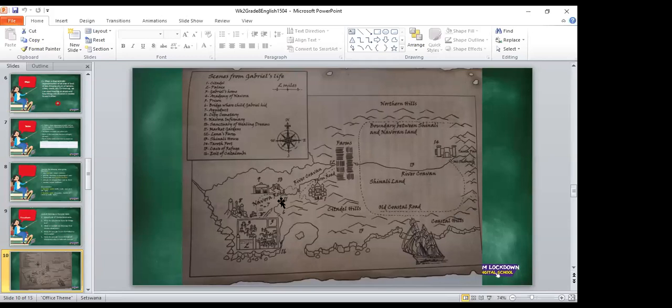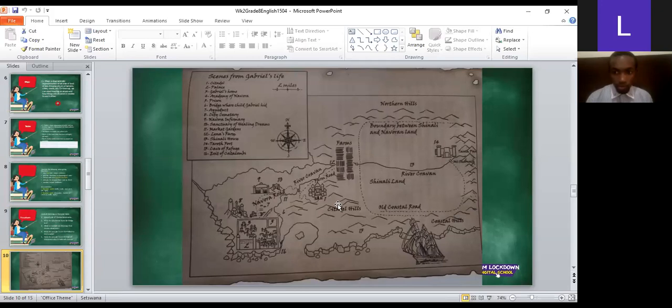If you could see on the map, it really is filled with landmarks. And we can see all the things that are written in here.